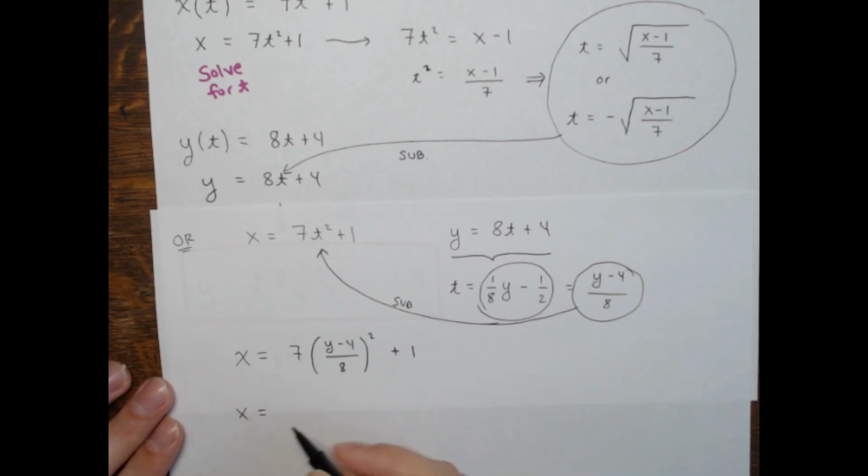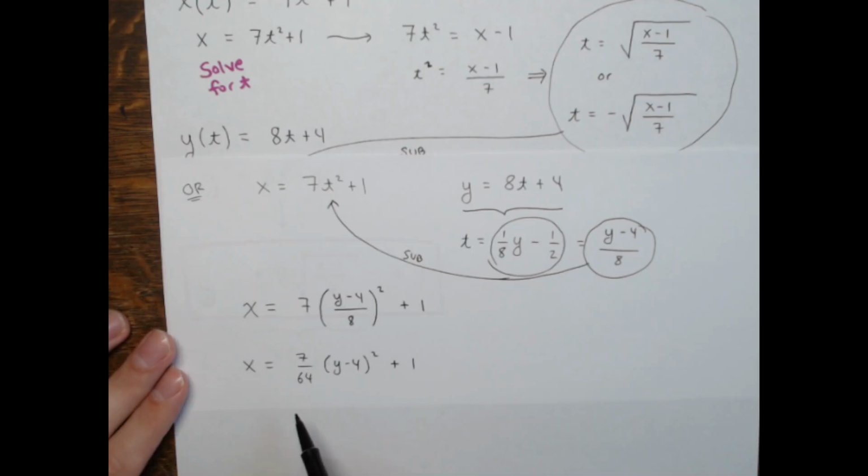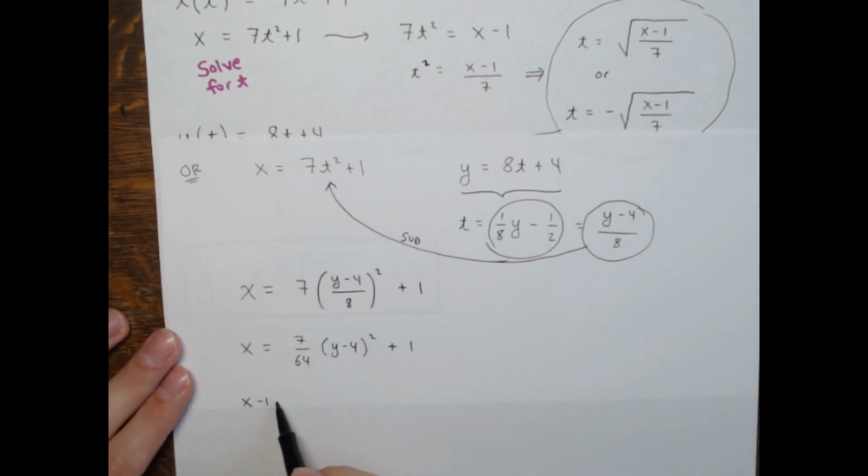And we get x equals 7/64, right? Because 8 squared is 64. So 7/64 times the quantity y minus 4 squared plus 1. And you could get this in the standard form for a parabola, right? If I subtract 1 over here, we got x minus 1 equals 7/64 times y minus 4 squared, and there we go.